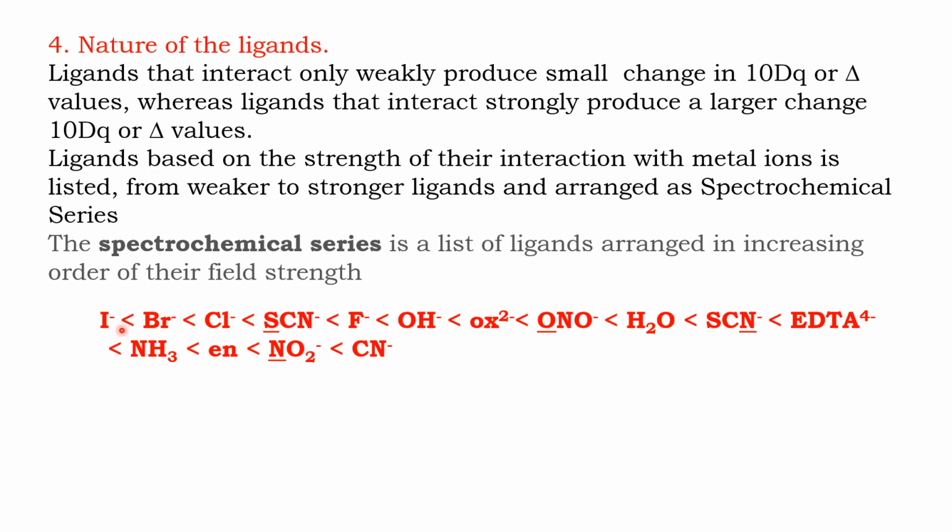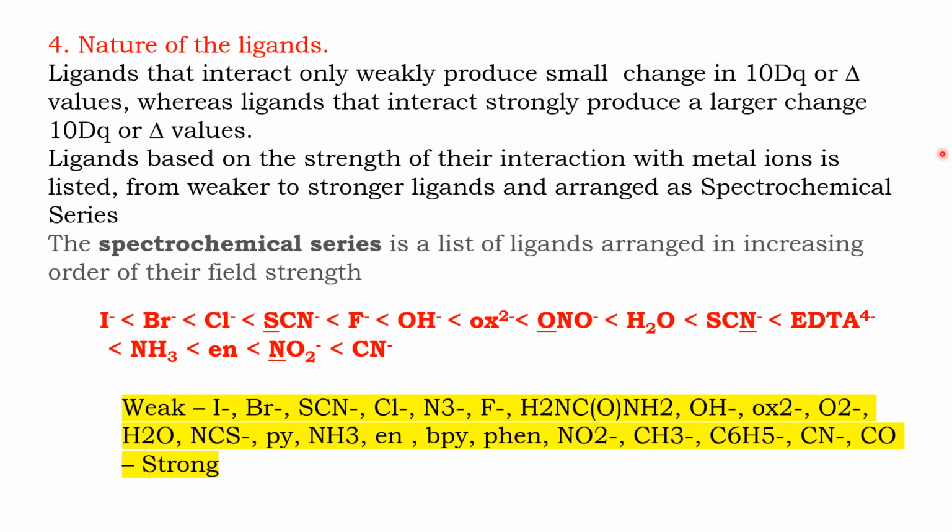The crystal field splitting is minimum, while CN minus, NO2 minus, and CO, carbon monoxide, are strong ligands. They split the d orbitals to maximum. See here, these are the weak ligands and this end is the strong ligand. So CO, carbon monoxide, is the strongest ligand as per the spectrochemical series, while I minus is the weakest ligand. Very, very important.